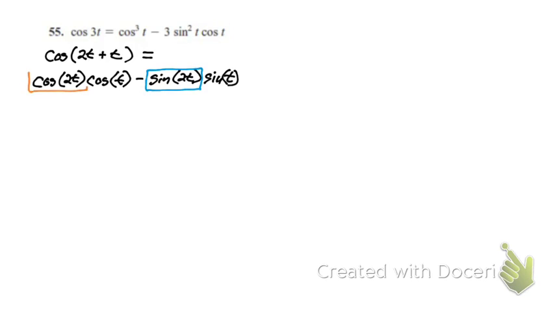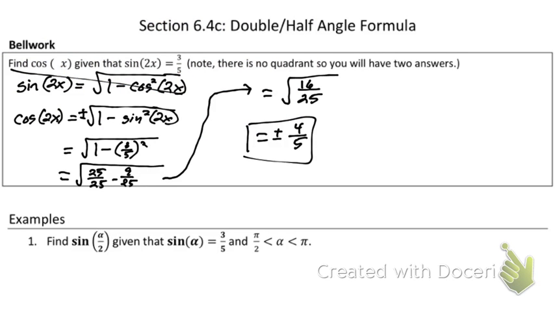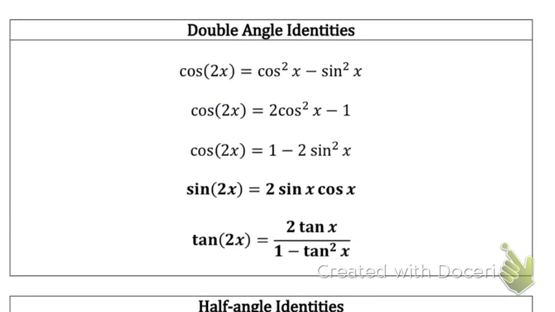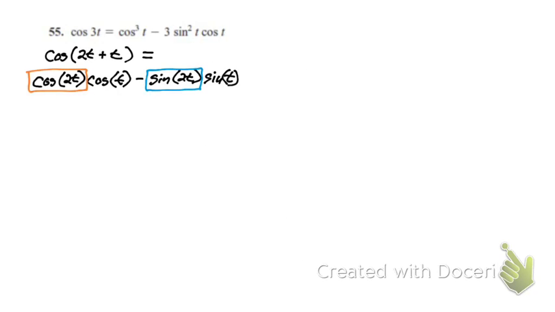These two that I'm highlighting are now double angle identities. So if you go back to your identity sheet, did I replace it? I think I did. Oh, no, I didn't. Cool. Sine of 2x equals 2 times sine x times cosine x. So that is the only thing I can replace that sine of 2t with.